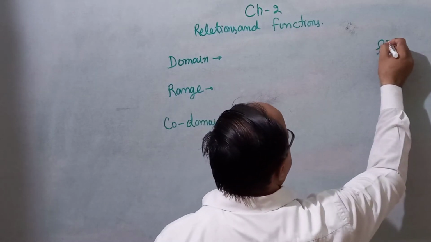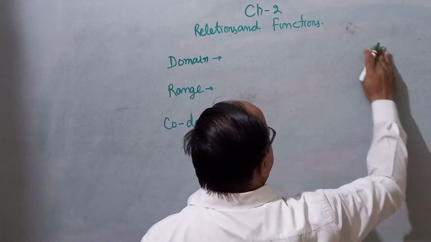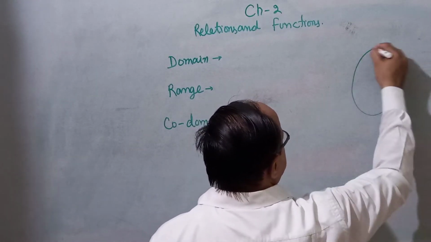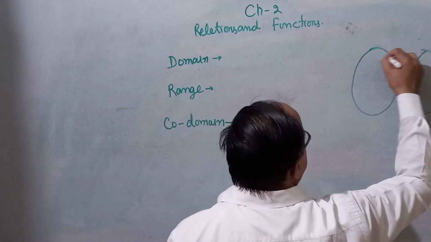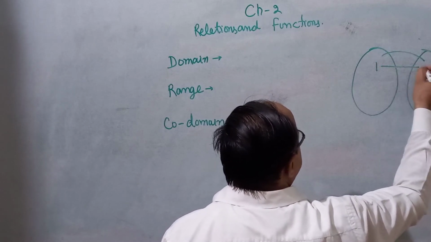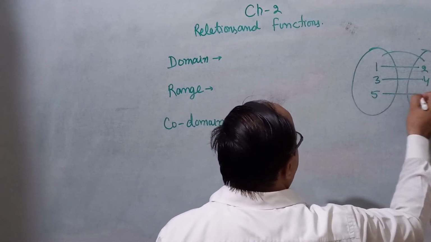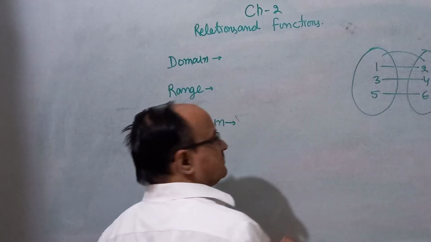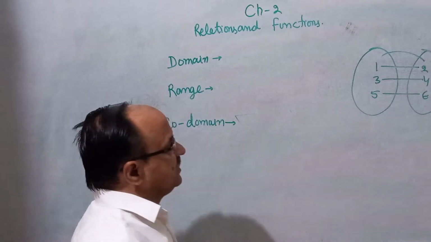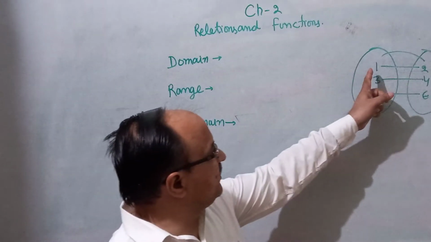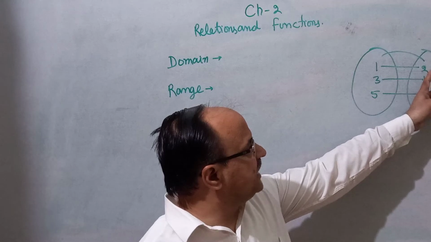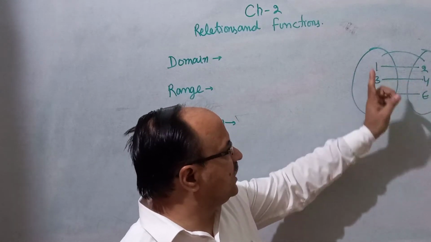Suppose the function is any relation. Image of 1 is 2, and the pre-image of 2 is 1.